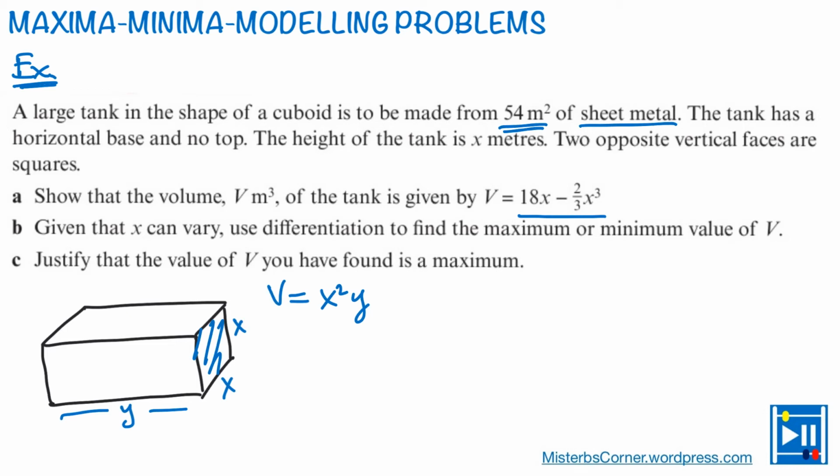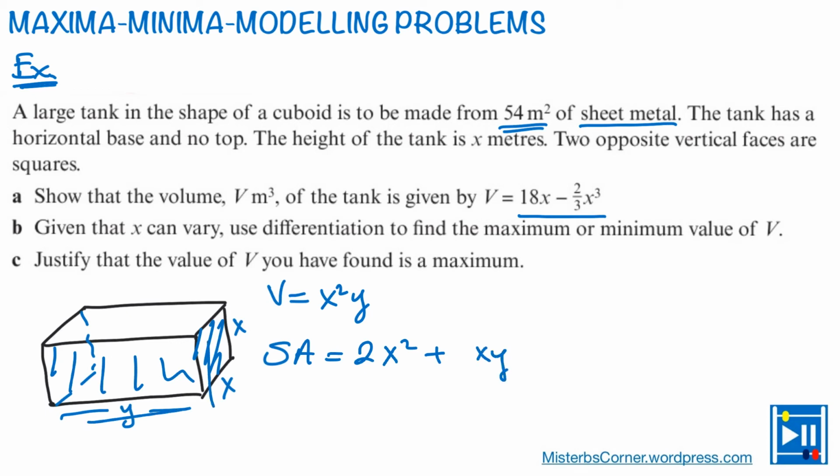I'm going to go like I have two ends which are squares, so it's going to be 2 times x squared because there are two squares, plus, now I know that the rectangles are each xy, right? x times y here, and I have 3 of them, not 4, because it says the tank has a horizontal base and no top. So the top is open, so there is no rectangle here.